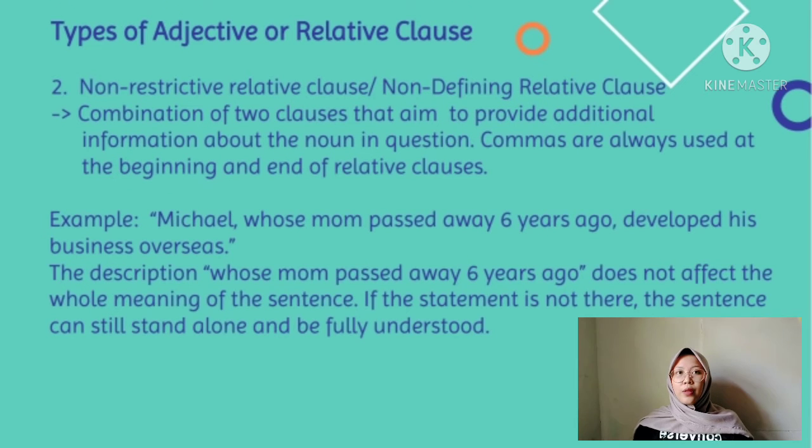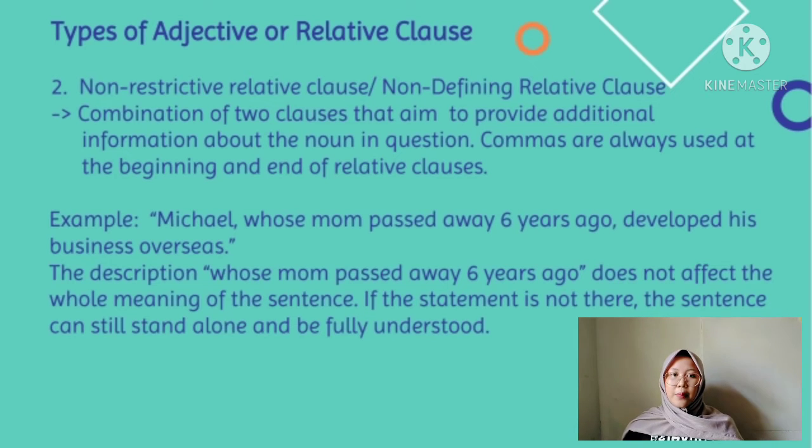We move to the non-restrictive relative clause. This type is a combination of two clauses that aim to provide additional information about the noun in question. Commas are always used at the beginning and the end of the relative clause.